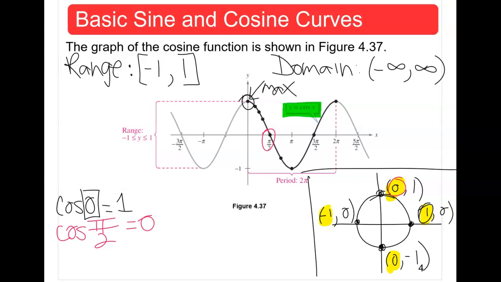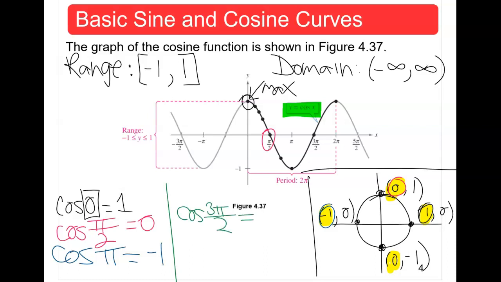Then if we keep moving in the counterclockwise direction, the cosine of pi is going to be negative 1. Then let's move on to the cosine of 3 pi over 2, and that is going to be the coordinate that I highlighted, which is 0.